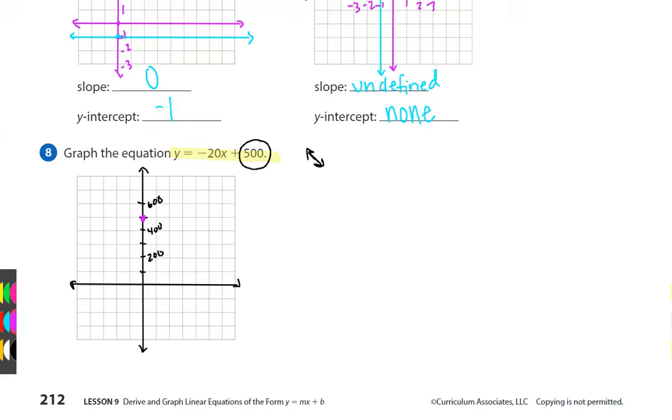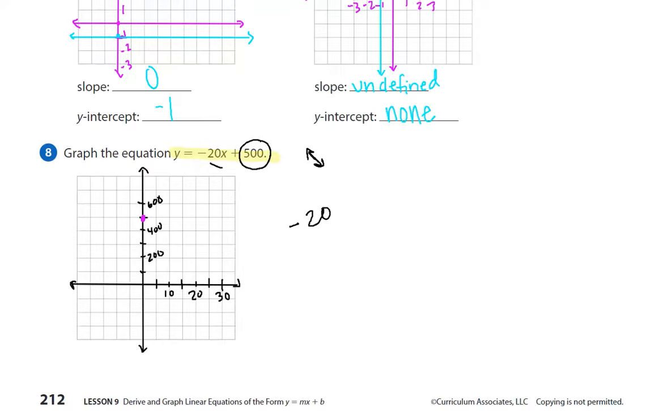Now, let's see. This is a multiple of 10. So do I want to do it by tens? Let's do it by fives, just to be safe. 5, 10, 15, 20, 25, 30. Okay, and my slope is negative 20.